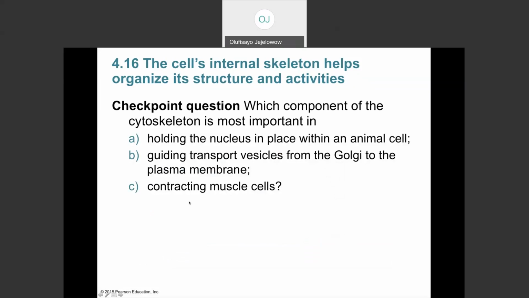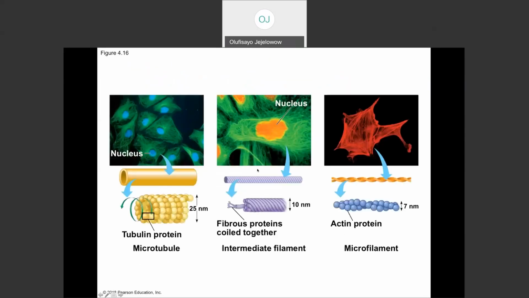So which component of the cytoskeleton is most important in holding the nucleus in place within an animal cell, guiding transport vesicles from the Golgi to the plasma membrane, and contracting muscle cells? Again, please complete your checkpoint questions and email them to me.